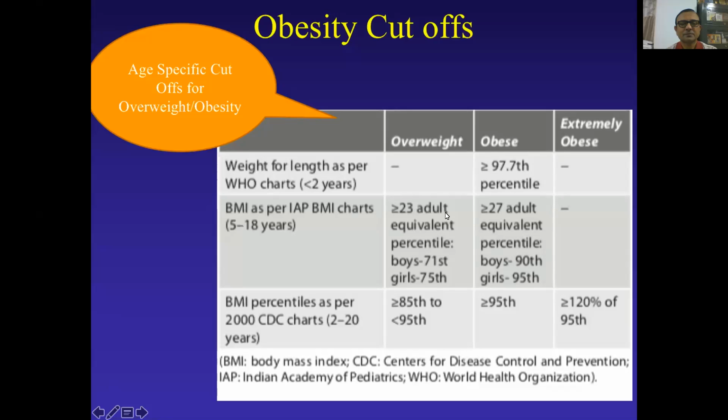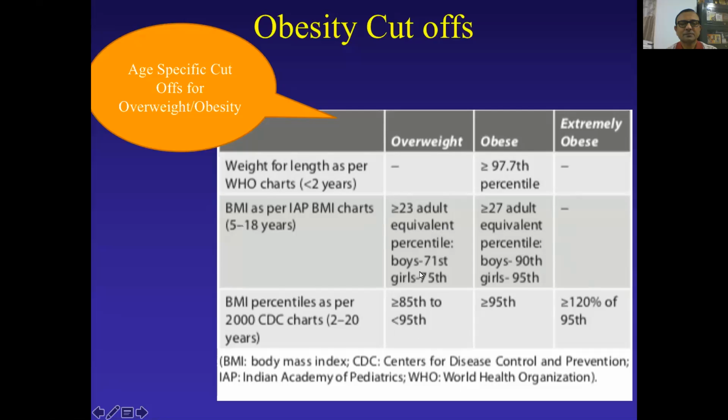Whereas children who are older, we use IAP growth charts and we use more than 23 adult equivalent as overweight and more than 27 adult equivalent as obese in IAP charts. Whereas if you use CDC or WHO charts, it's 85th percentile and 95th percentile for older children. But please remember that these values are much higher than what are desirable for Asian children. So we strongly recommend to use IAP cutoffs.